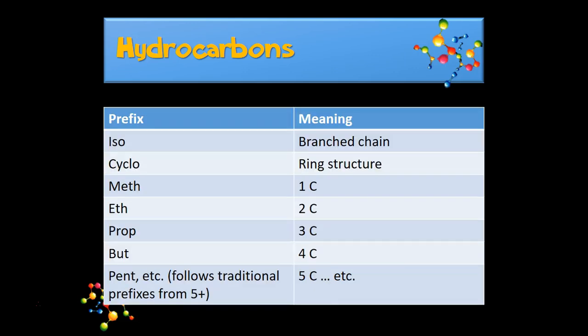Some other naming conventions to know are the prefixes. Once we get up to a chain that has at least 5 carbons, then it's going to follow those sort of traditional prefixes you probably learned in math class somewhere along the way. Pent for 5, like a pentagon. Octagon has 8, so on and so forth.